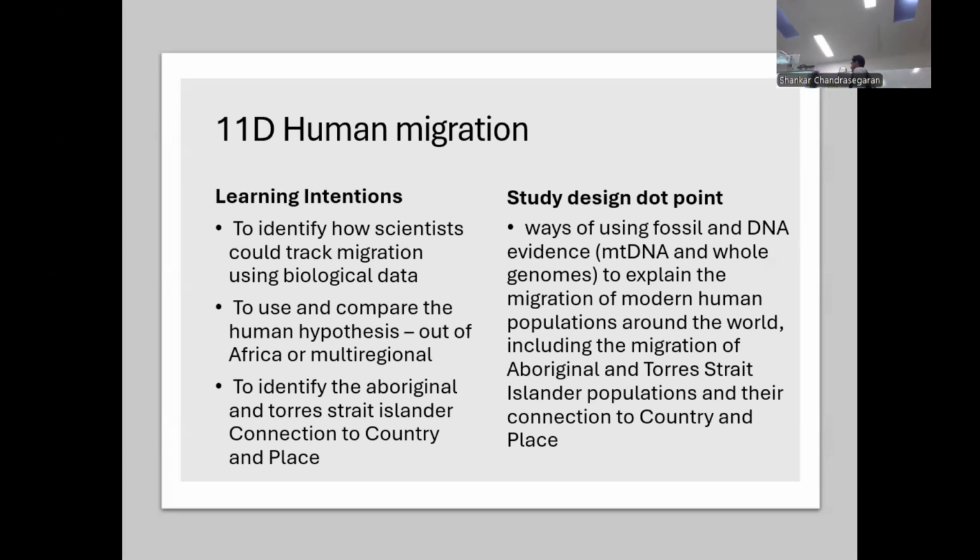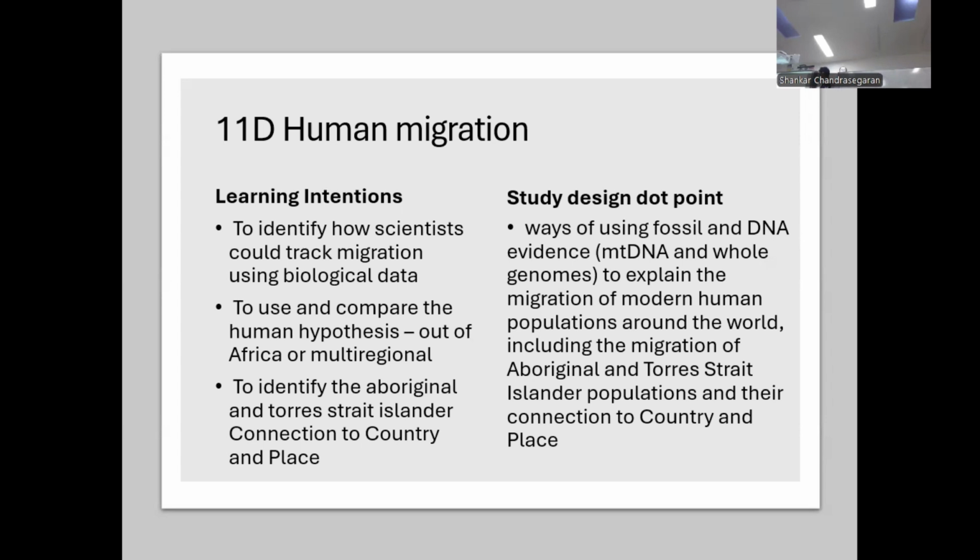Today's lesson, we're going to basically focus on how we can use evidence such as fossils, DNA evidence, including whole genome analysis, nucleotide sequence analysis, and also mitochondrial DNA, which is specifically passed down on the maternal side, and how we can use all these different evidences to explain the migration of modern human populations out of our point of origin.